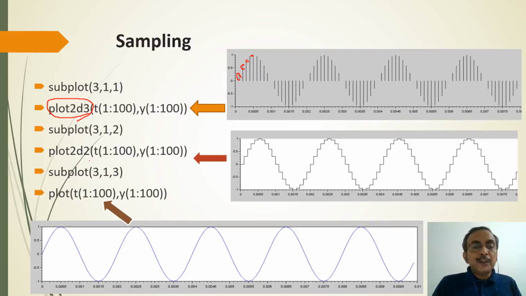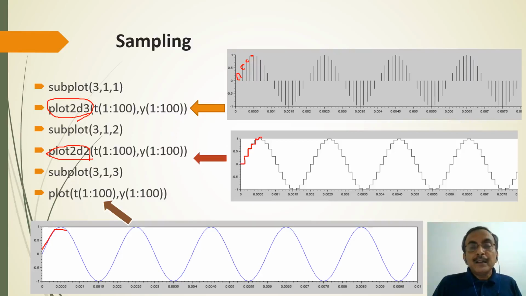Now if we want to represent this as a discrete staircase approximation, then we can actually use plot 2D2, which shows how these points can be joined, and once we smooth this signal, this becomes a sinusoidal signal as shown in this particular case. So this becomes a smooth signal.